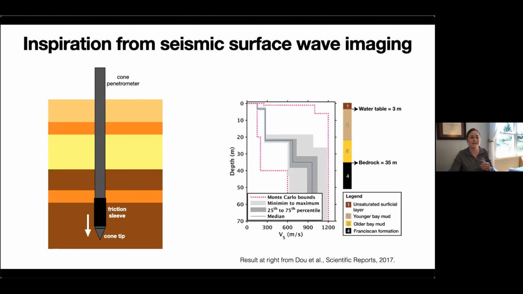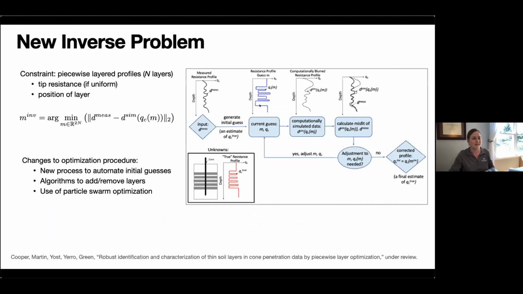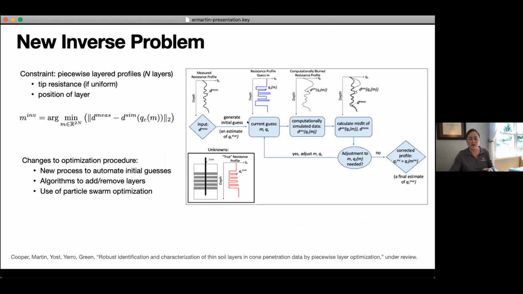Then they just try to adjust what's their seismic velocity in each layer and what's their thickness of each layer. So we decided we're going to go into basically the same model space. We want to say, what is the tip resistance of each layer if it were measured as a uniform profile? And then what's the thickness of each layer? So we've got a new inverse problem, but it still fits basically the same workflow as what Boulanger and de Jong were doing.